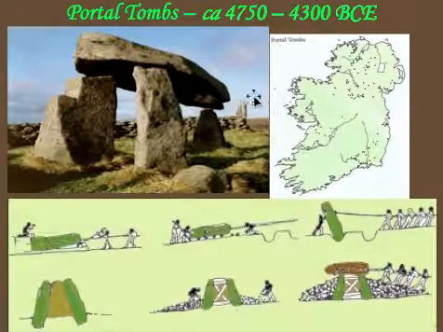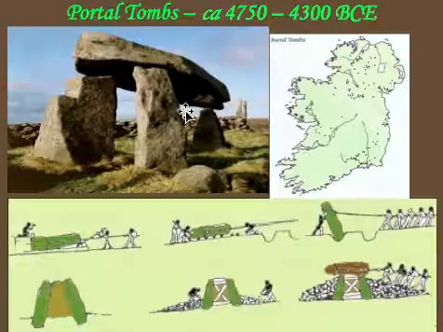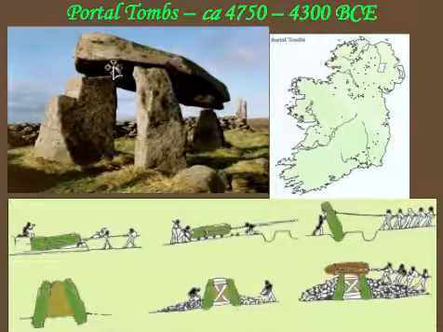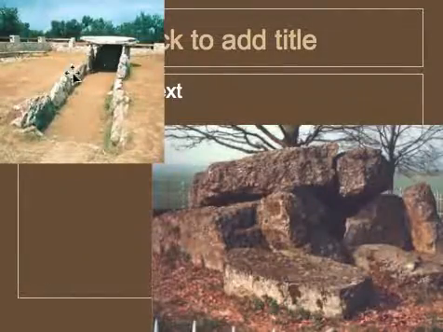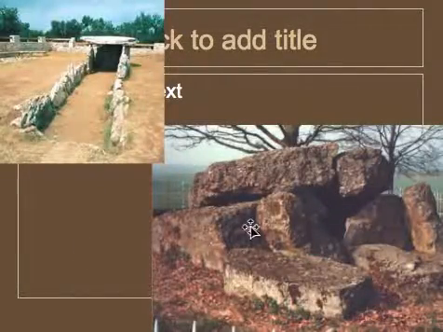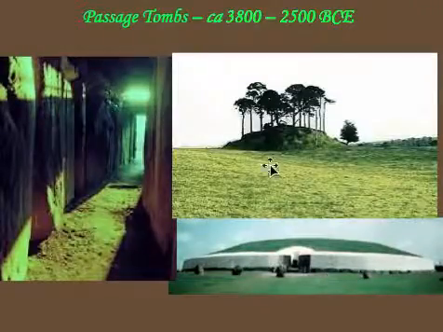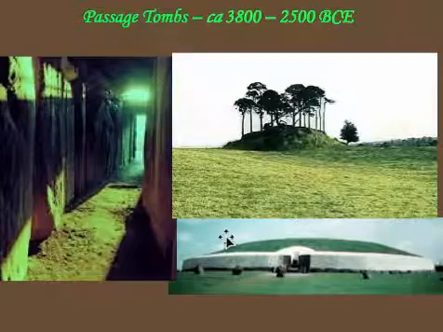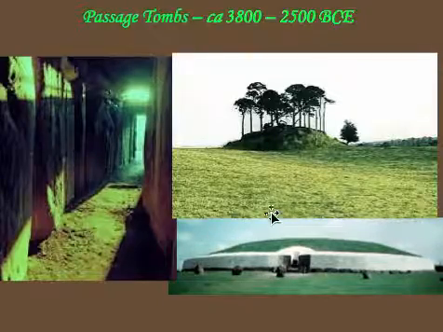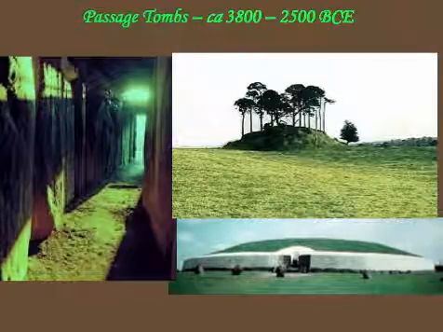And so anyone walking in this area would see this tomb, and they would recognize that now they were in the territory of another group. Here you can see some of these passage tombs right here. And these tombs got quite large later on when they were used for single individuals, and that shows that there was an increase in hierarchy.